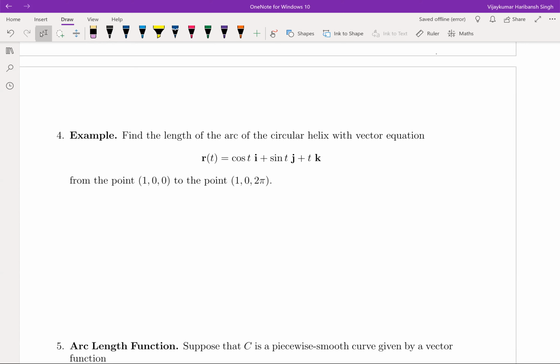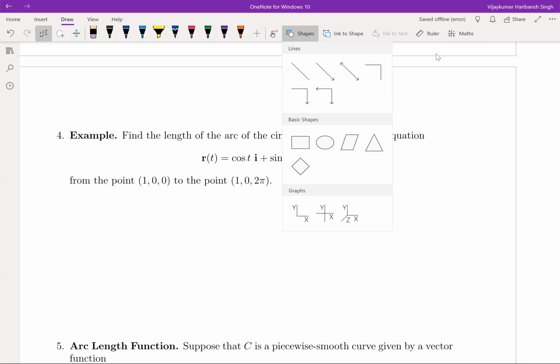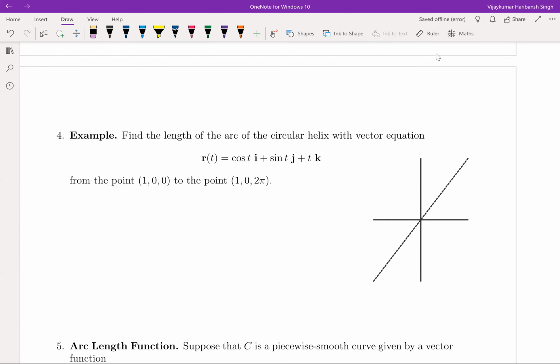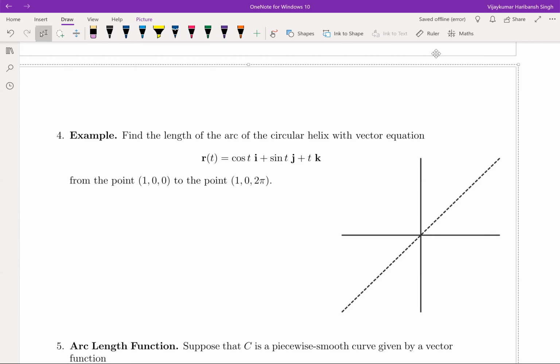So first of all, note that it's a circular helix. The way a circular helix looks is the following. You have cos t. If you think about it, if this is your x and this is your y, you have x squared plus y squared equals 1. So it's like a circle, but this t is unraveling the circle upward.